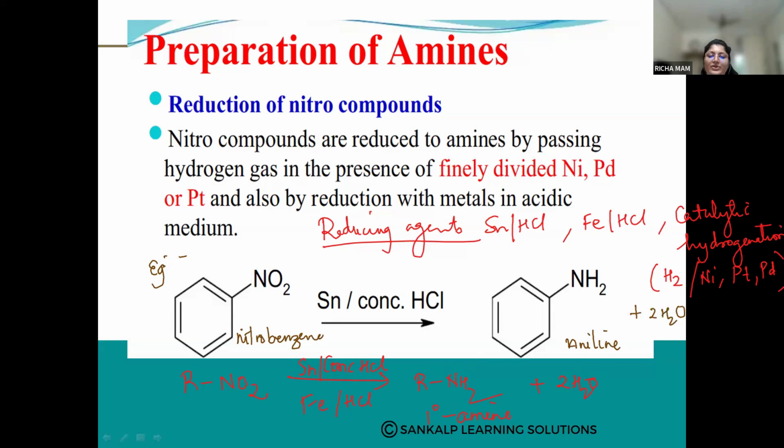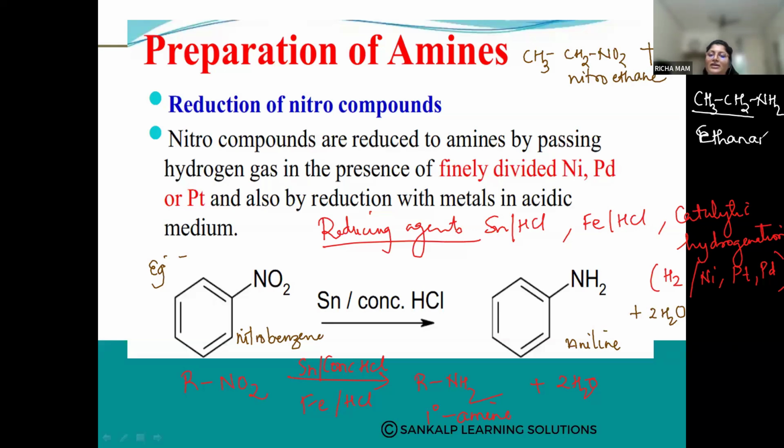One more example, with respect to an alkylamine: CH3CH2NO2. What will be the name, students? It is nitroethane. When nitroethane is heated with tin and HCl, I'm going to get CH3CH2NH2, which is ethanamine.